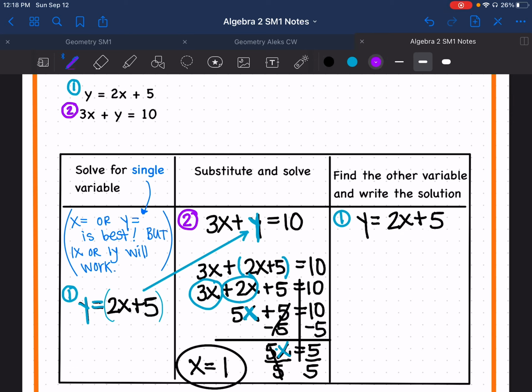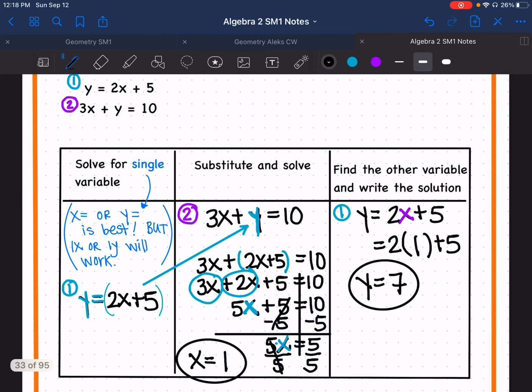But I already know what x equals, so I'm going to substitute that in: 2 times 1 plus 5. Well, 2 times 1 is 2, and 2 plus 5 is 7. There's my other answer, and I'm done with the problem.